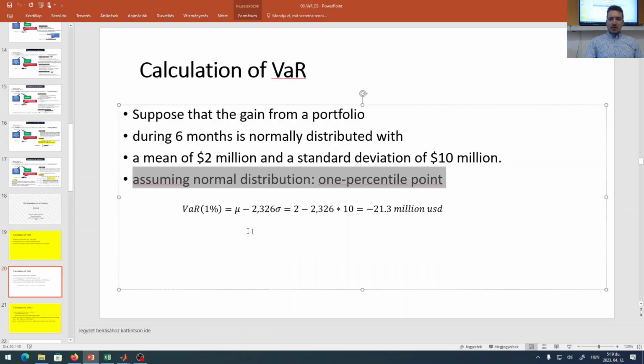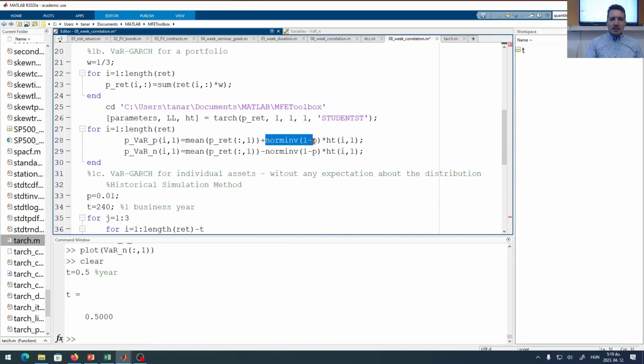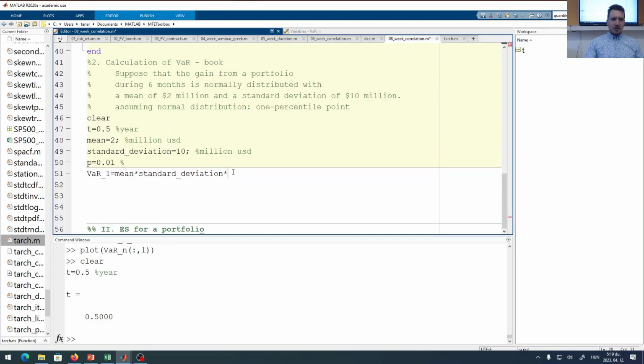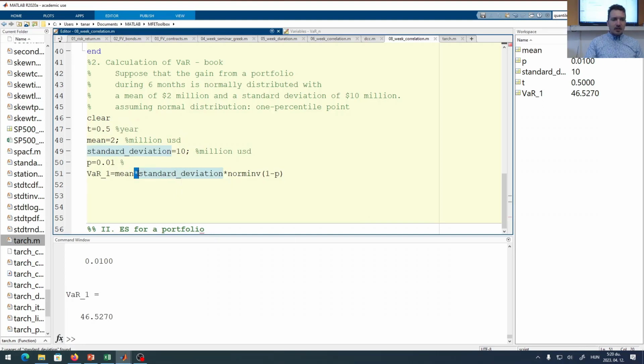Then we just have to calculate this thing, so it will be given by the mean minus the multiplier times the standard deviation.